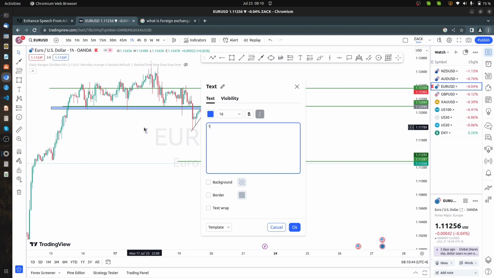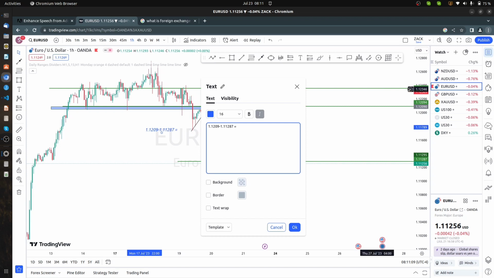So we'll do 1.1209, then we'll do minus 1.11287. So the difference in this is what will be the number of pips.